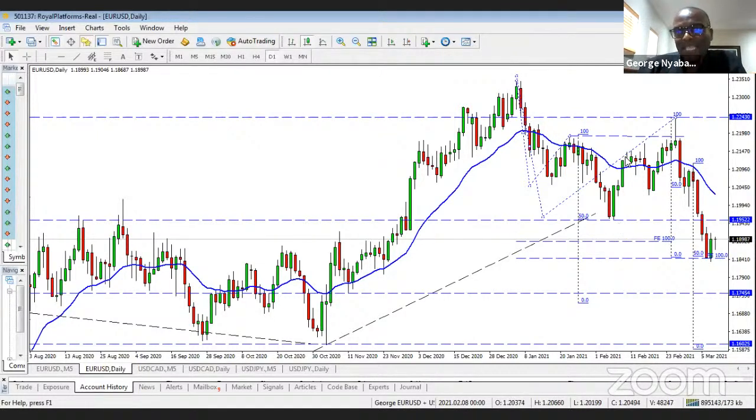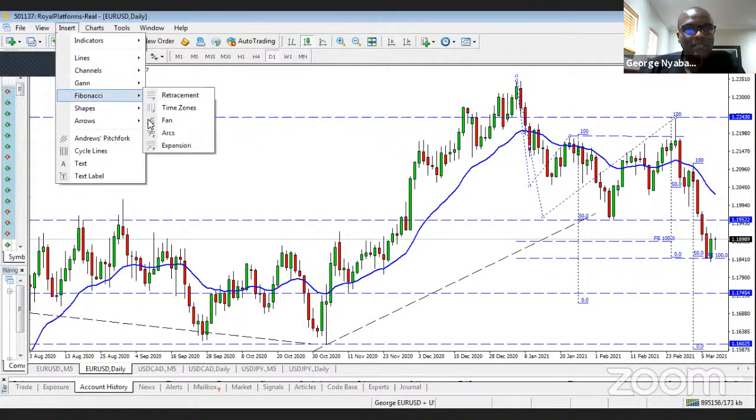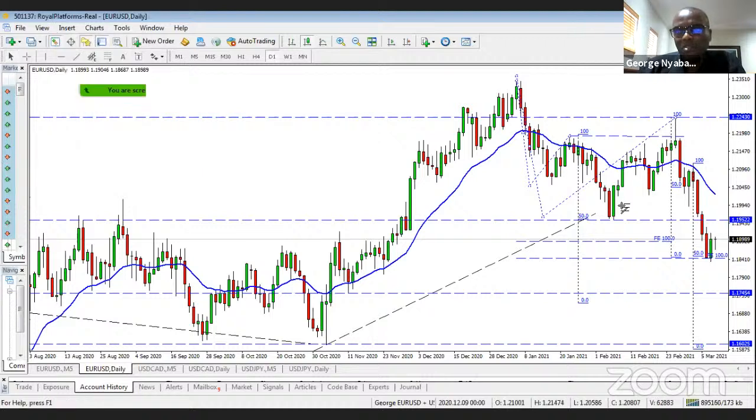The pullback itself. Have a look at it. You say it's got leg one, pullback, leg two. So nothing is ever linear. So the market pulls back in two legs. Again, you could have done the same thing and said, okay, there is a pullback. Market pulled back to there. And so leg one, I'm talking about the pullback now.